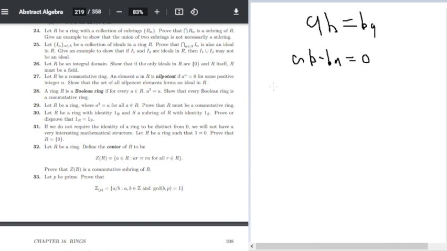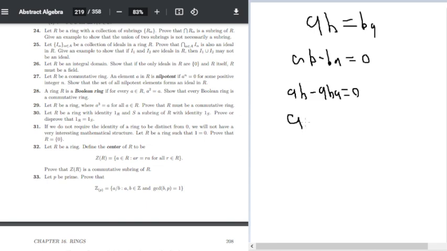Well, if it's 0, no. You can multiply on the left side by A to get AB minus ABA is equal to 0.